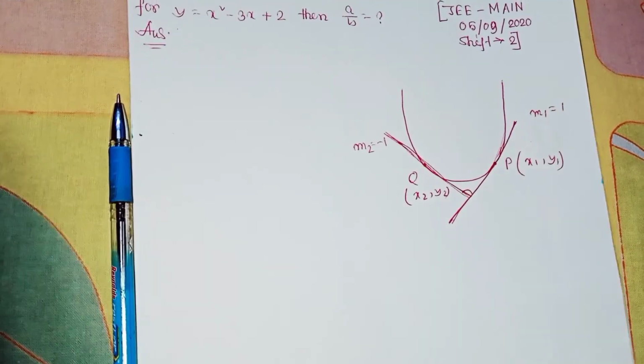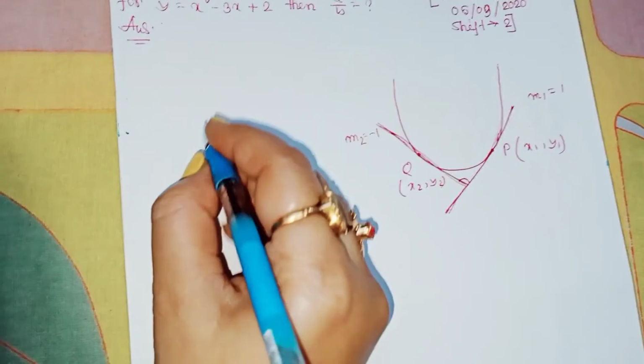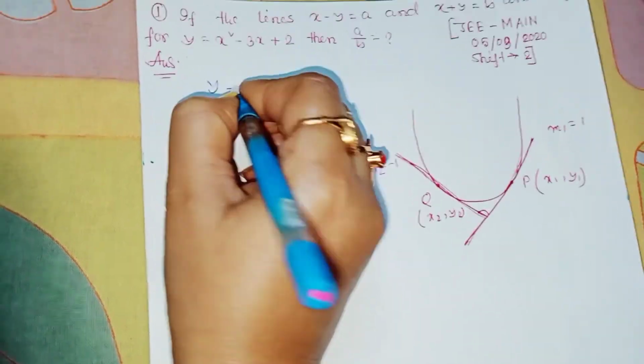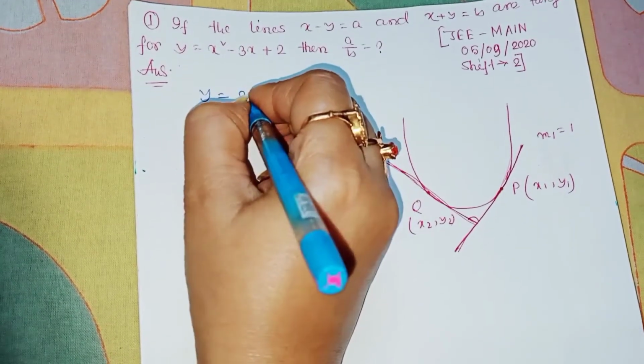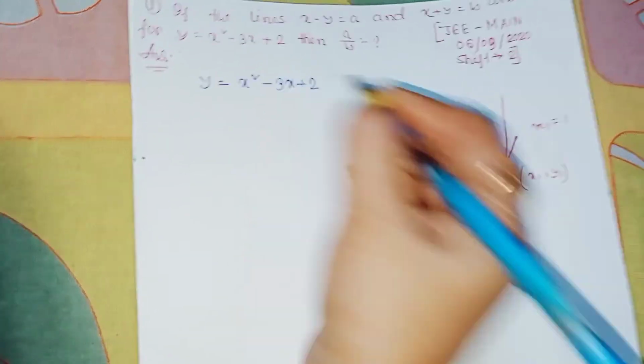Now the equation is given, which is the parabola's equation, y is equal to x square minus 3x plus 2.